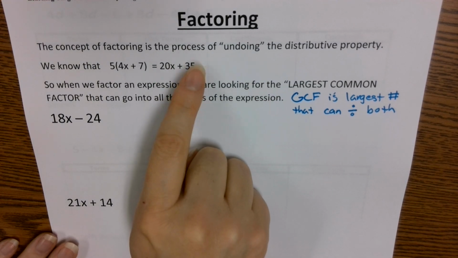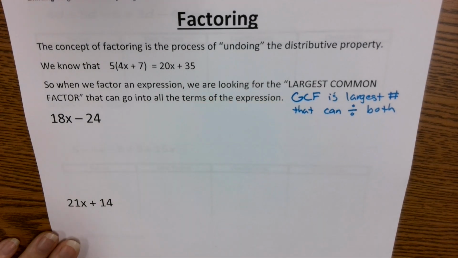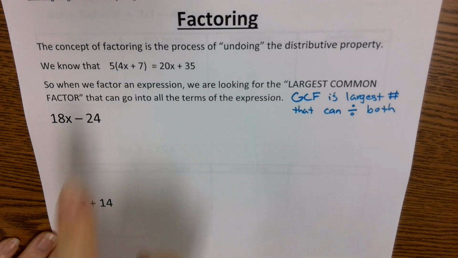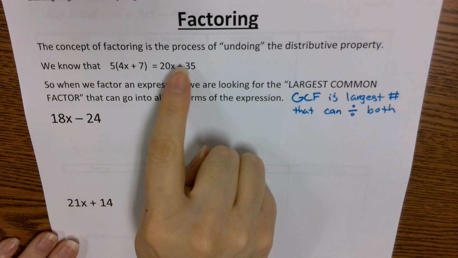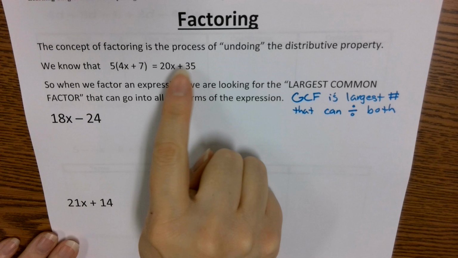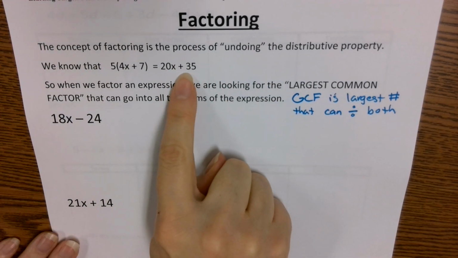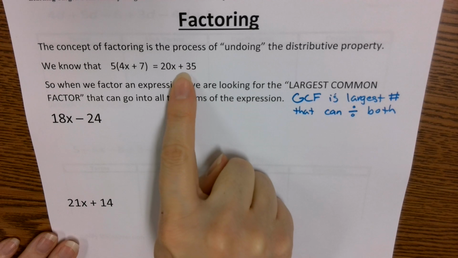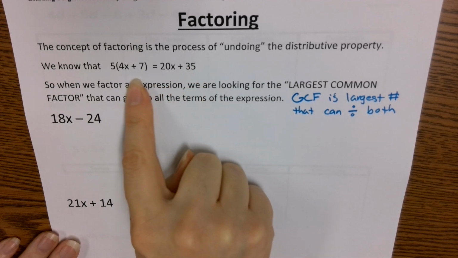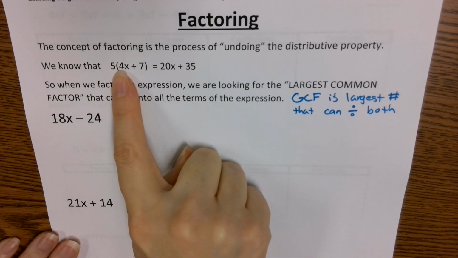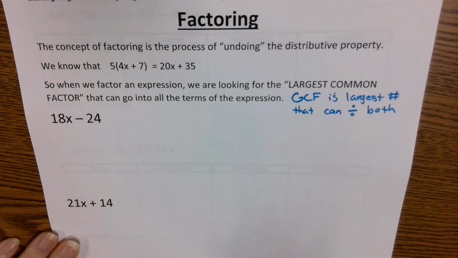When I say I want to factor it, I'm basically undoing that multiplication. I'm looking for whatever's the largest value that can go into both 20 and 35 and be divided out of it. So to factor it, you would start with 20x plus 35, and you would work your way to becoming 5 times 4x plus 7. So you're undoing that distributive property.